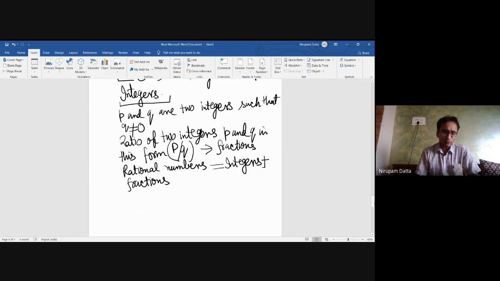Now there are other types of numbers. What are those numbers? The numbers of this form, let's say pi, root over 2, root over 7.